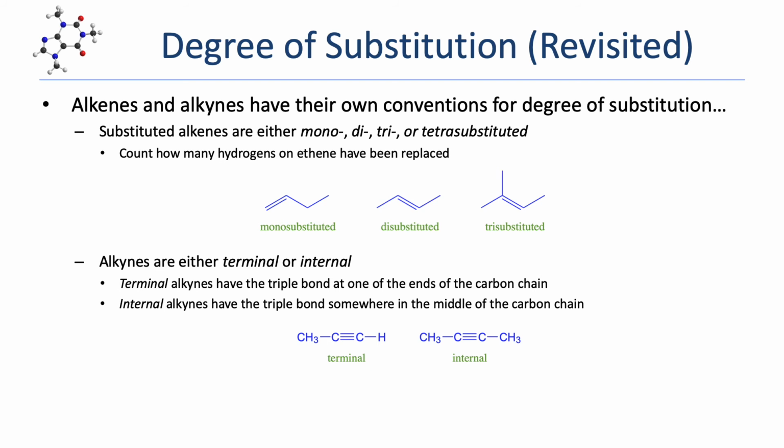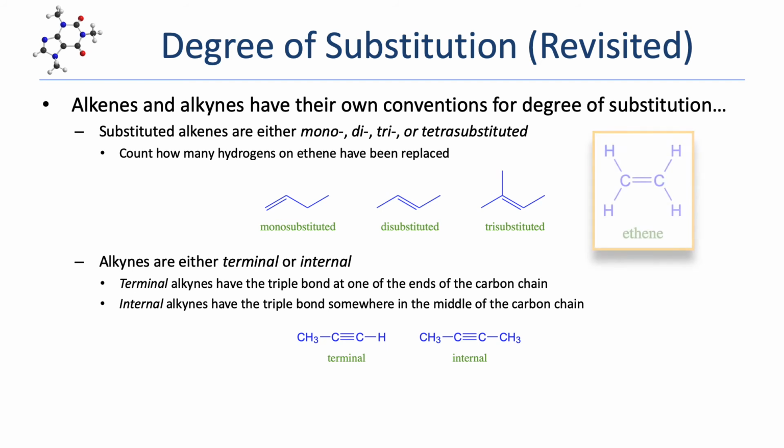Alkenes and alkynes, because they are shared functional groups where the double or triple bond is shared between two adjacent carbons, actually have their own version of this degree of substitution because we have to incorporate how many carbon groups are actually attached to both of the carbons of the pi bond. For alkenes, we're comparing the alkene to the simplest alkene, ethene.